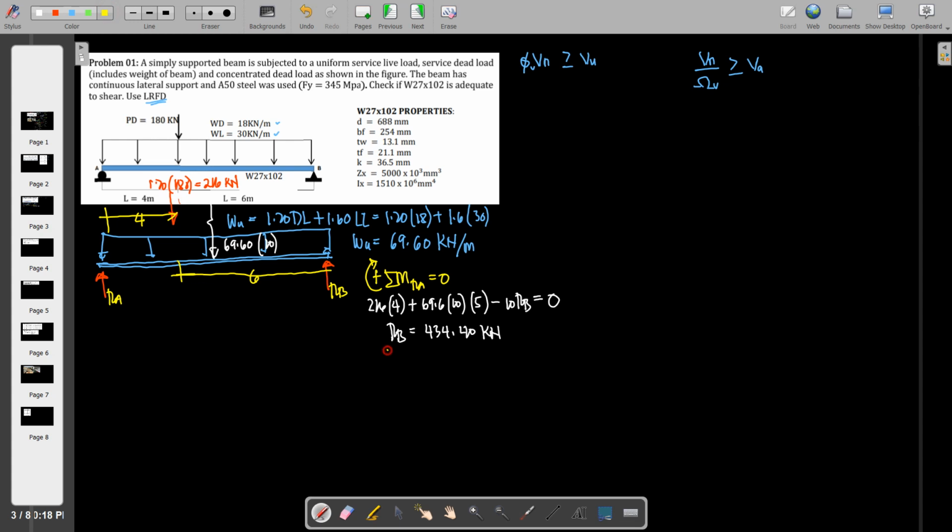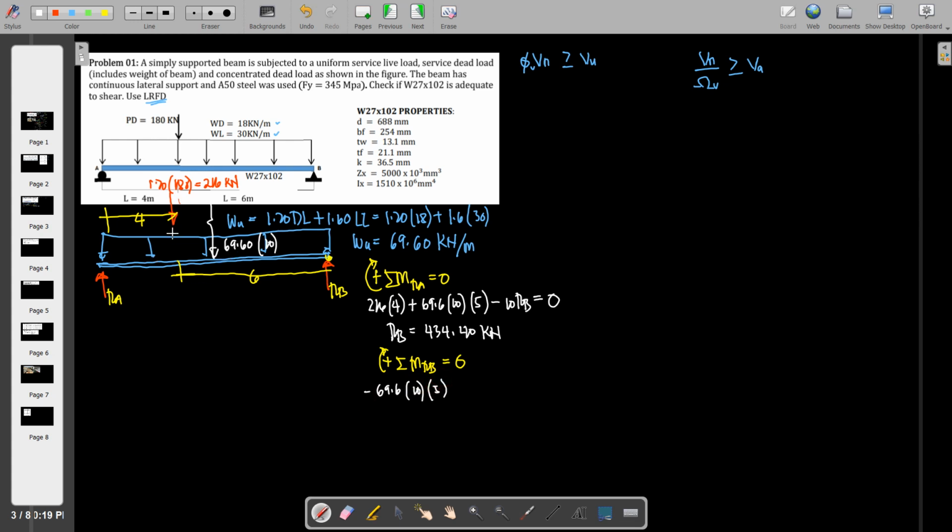For the other reaction, we take moments about RB and equate it to 0. This time we are going to have this as our reference point. First we have a counterclockwise moment, 69.6 times 10 times moment arm of 5, so this is negative.